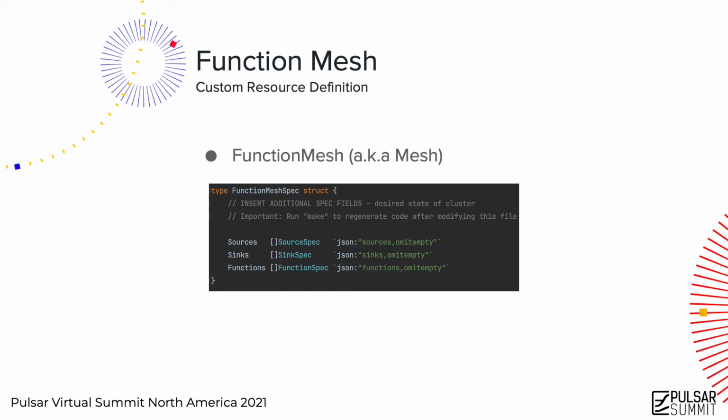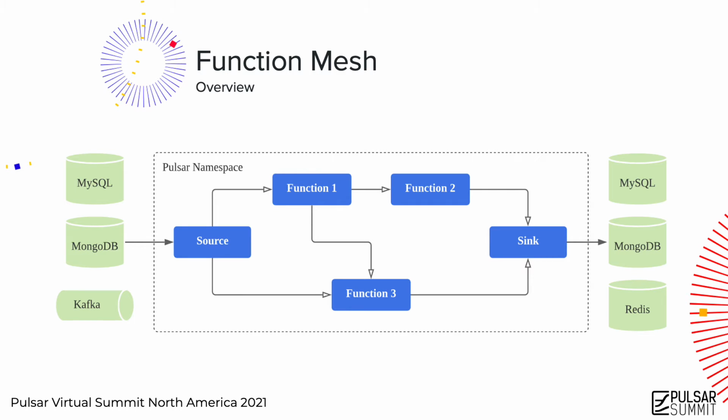All functions and connectors in a mesh share the same life cycle. With the defined function mesh spec, all the functions and connectors are managed together, which means they are started when a mesh is created and terminated when the mesh is destroyed. Here we have some external services like MySQL, MongoDB, Redis, or Kafka.